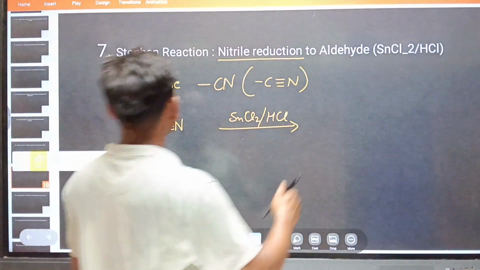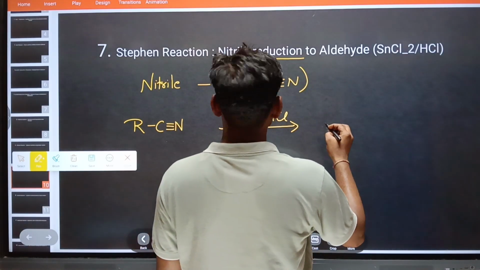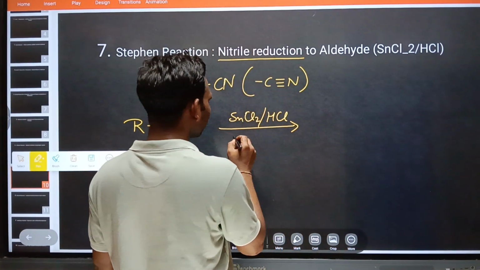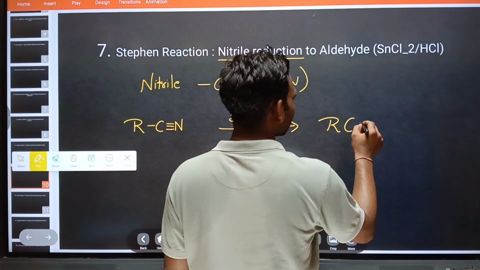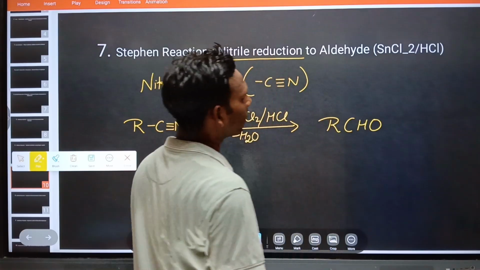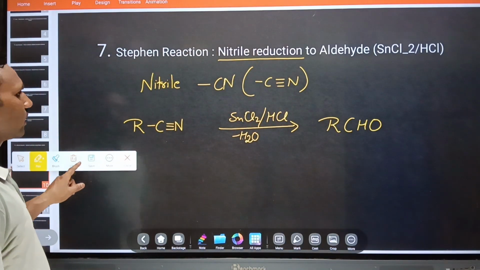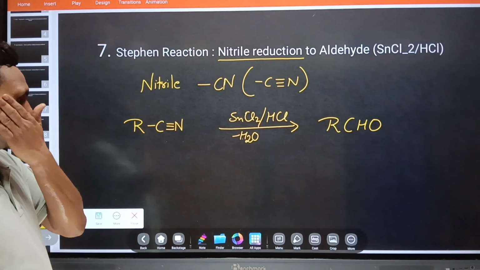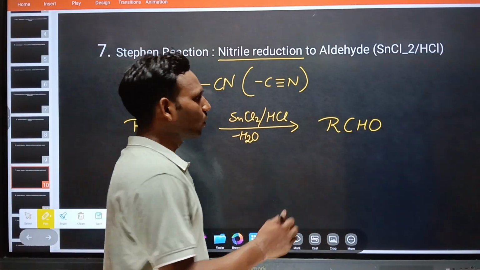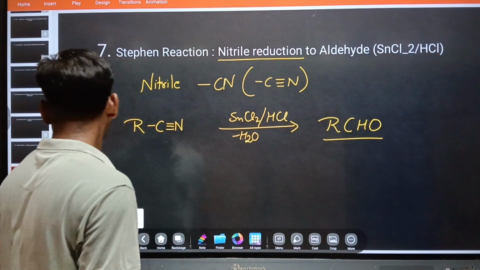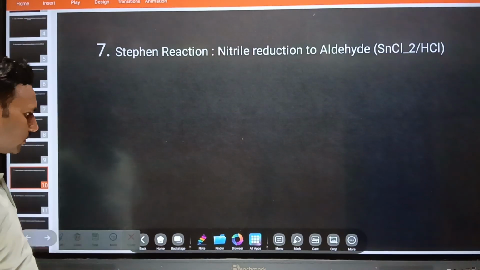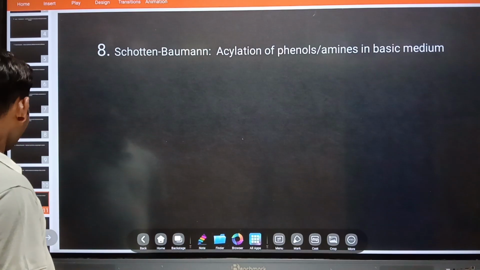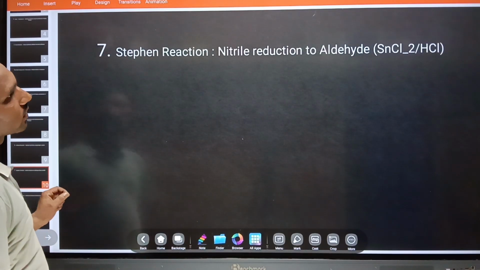Then after the hydrolysis, RCHO, aldehyde, forms. After the hydrolysis, the aldehyde is formed. Okay, that is the Stephen reaction.